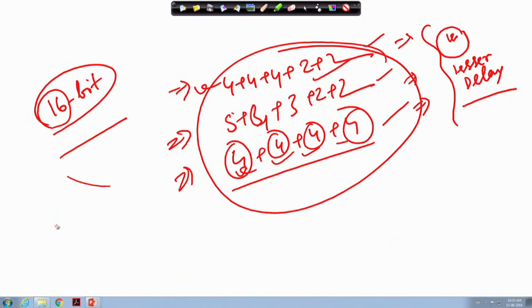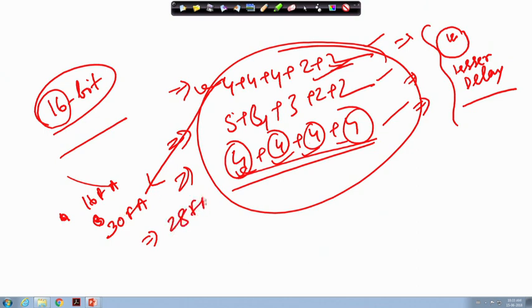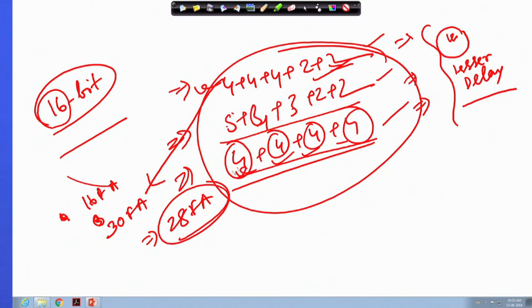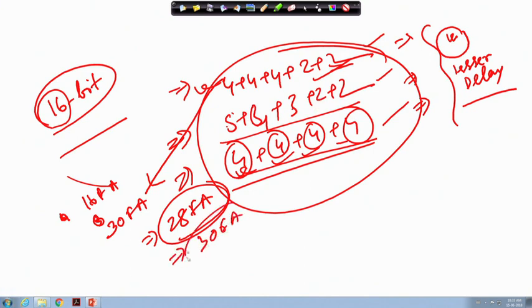But here, initially I used 16 full adder cells; now, for this particular combination, if I exclude 2, I need 28, so about 30 full adder cells. For 4, 4, 4 that is 28 full adder cells, and for 5, 4, 3, 2, 2, that is 2, 3, 5, 10, so here also about 30 full adder cells. So I have increased the full adder cells to 30 or 28.